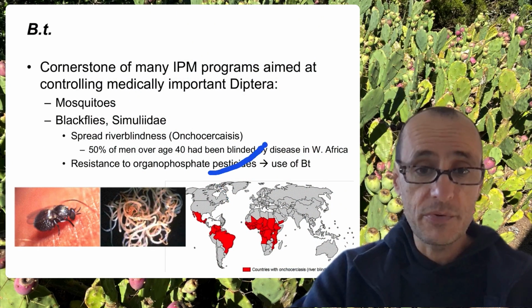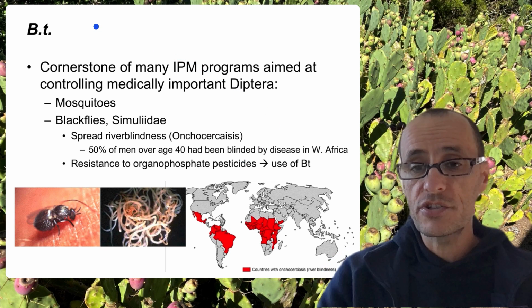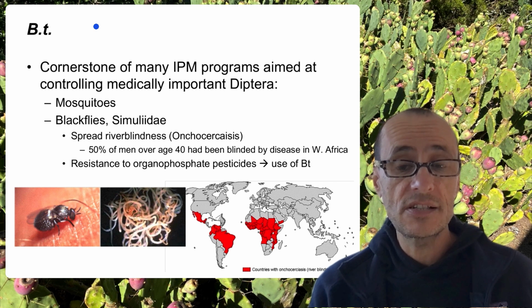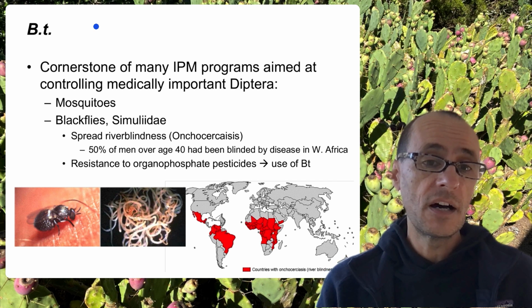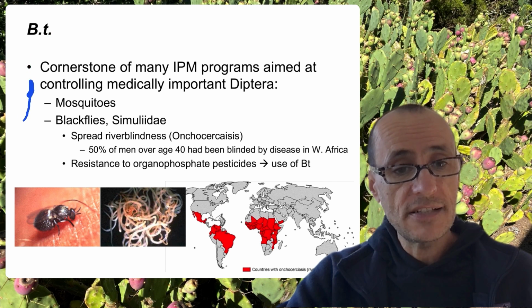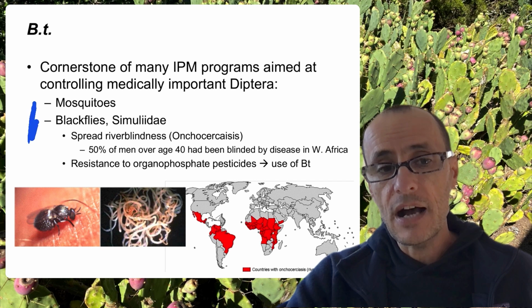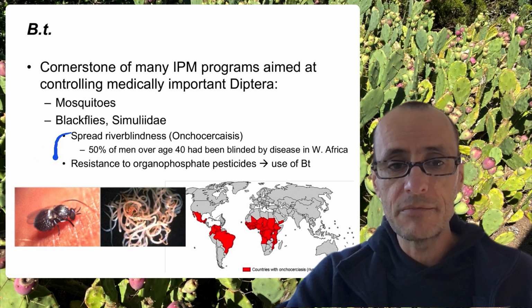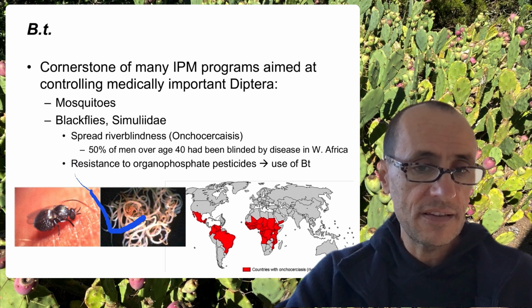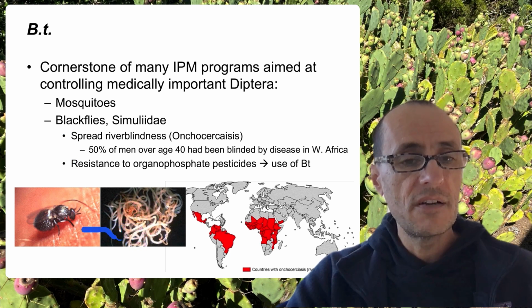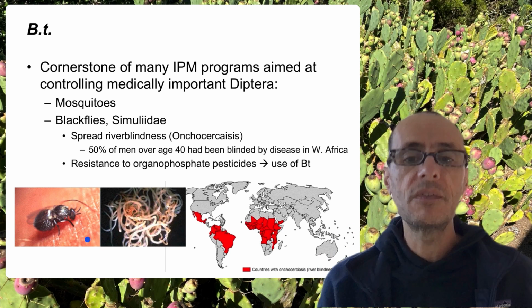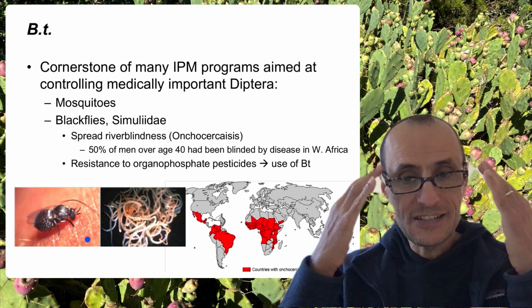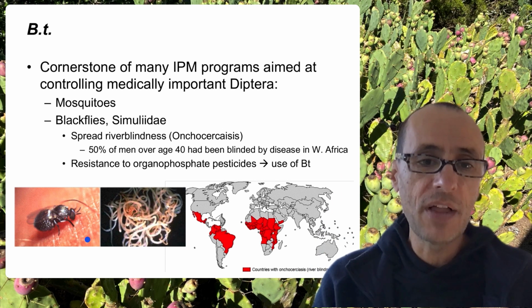BT, or Bacillus thuringiensis, has been the cornerstone of many IPM programs, particularly against flies, but also against beetles and other groups. One of the biggest success stories has been against river blindness, which is caused by these filarial worms that infect people, and these worms actually will migrate into the eyes and make people blind.